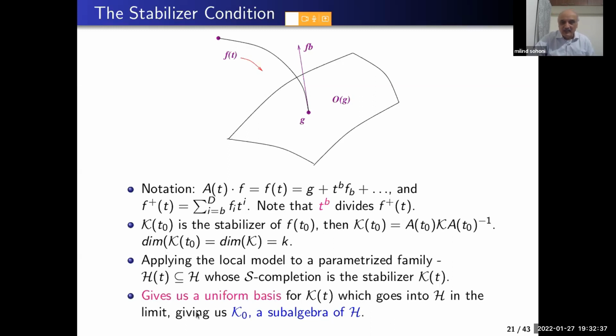So we give a uniform basis for KT, which in the limit goes into H and gives us an algebra K naught, which is actually a subalgebra of H. So what really happens is that the HT in the limit actually enters H and becomes a subalgebra. That's how the transition really happens.